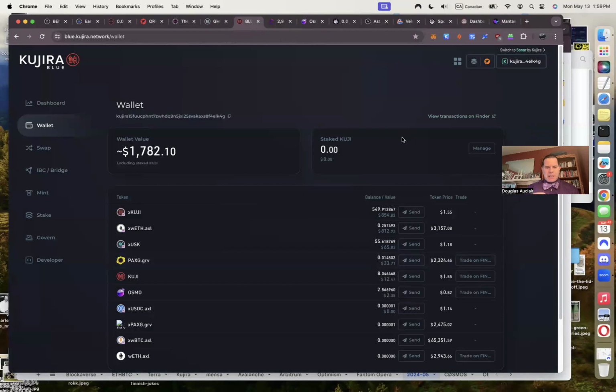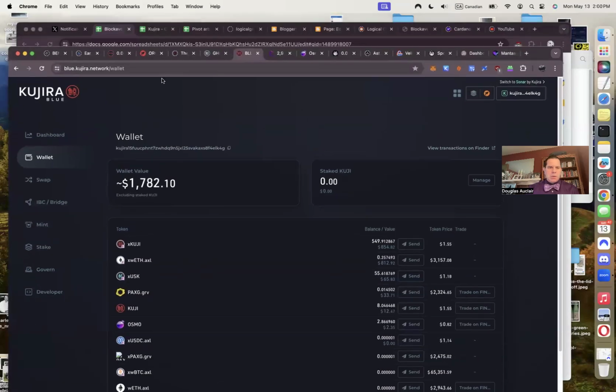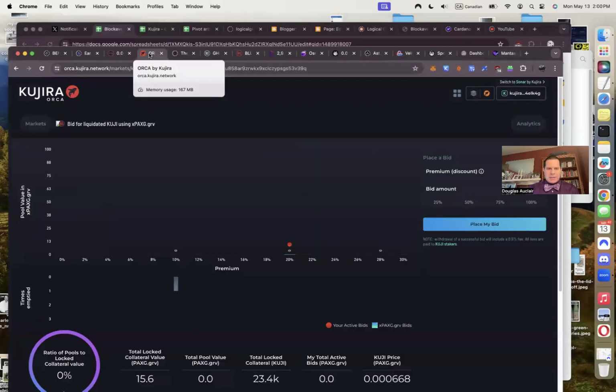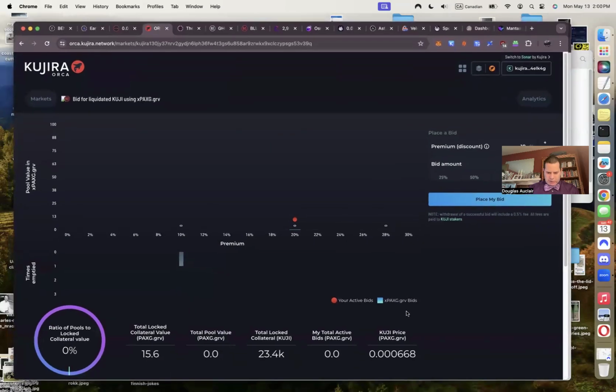All right, so I lent my gold to Ghost. And so how do I grow my gold bag? How do I become a leprechaun? I place my gold that I've lent to Ghost as a bid for Kuji, of which there's 23K available in possible liquidations.